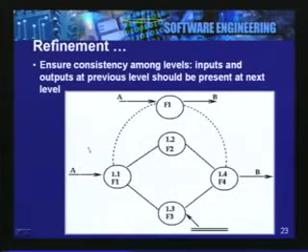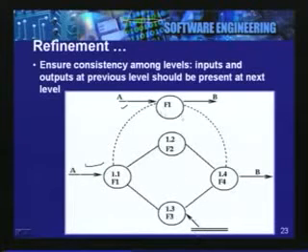And in this case, the consistency among the levels requires that the inputs here should match with the inputs in this process. So, inputs and outputs must match. On the other hand, new data stores may be shown.